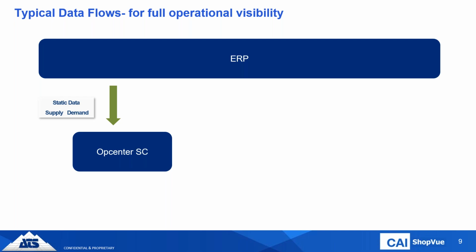So we have the ERP system that delivers static data to the schedule, right? Static data, bills of materials, routings, item records, and that sort of thing, as well as the supply and demand data. So all the raw materials required, the sales orders, forecast orders, all that kind of information that is putting a demand on that.